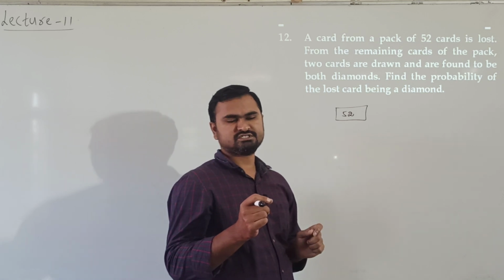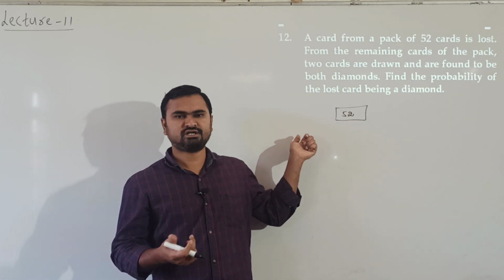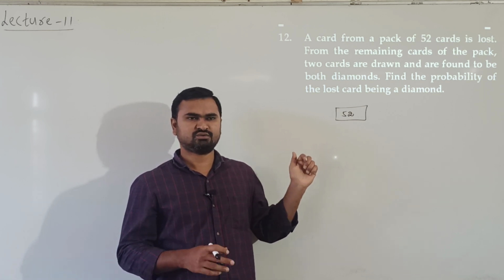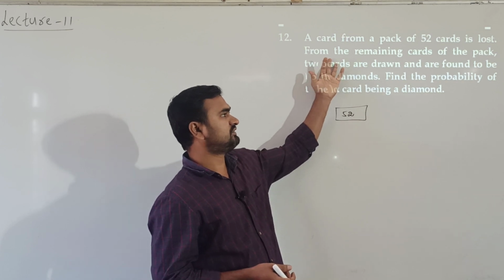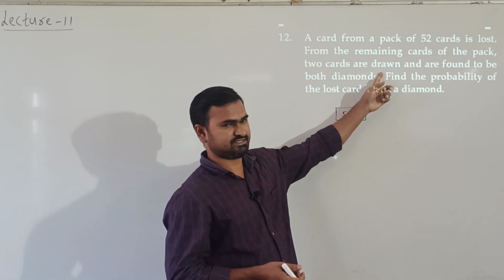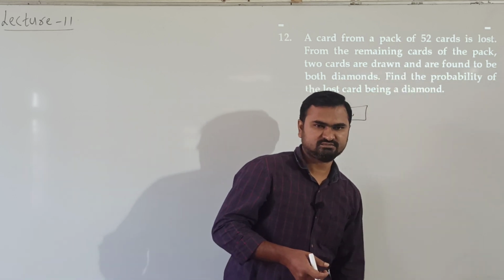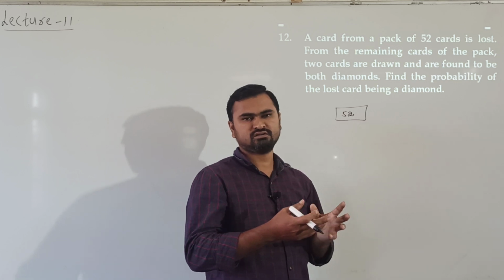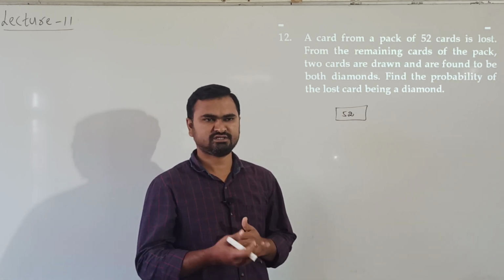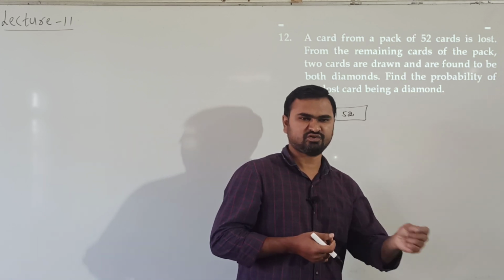Now we don't know which one is lost. What we know is one card is lost, but we don't know which one it is. From the remaining 51 cards, we are drawing two cards. Now how are we drawing the cards? When nothing is given, we take that both the cards are drawn together. If it is given as with replacement or without replacement, then it is drawing successively one after the other.